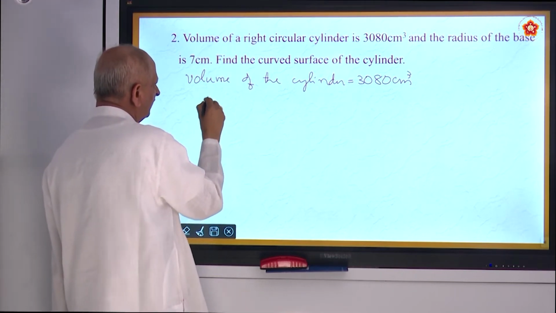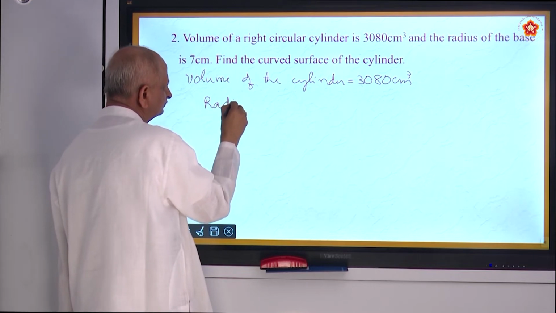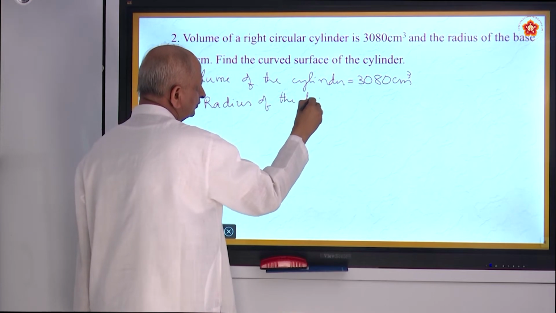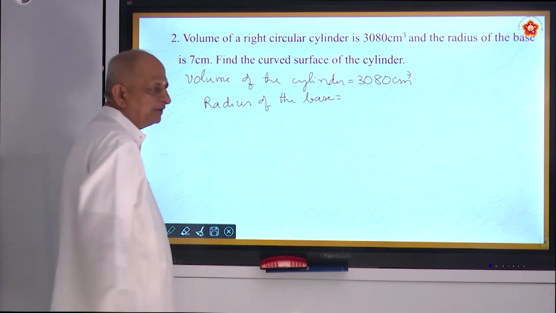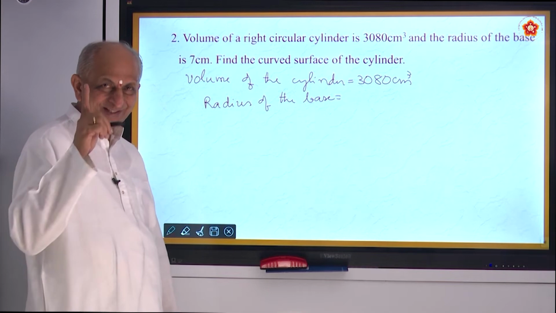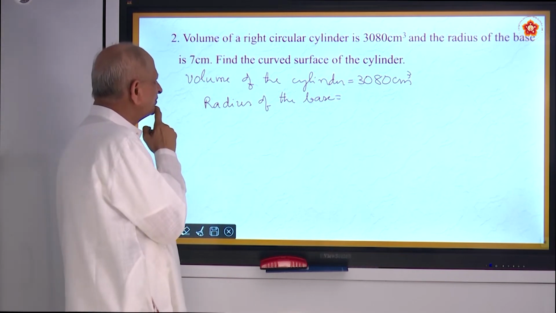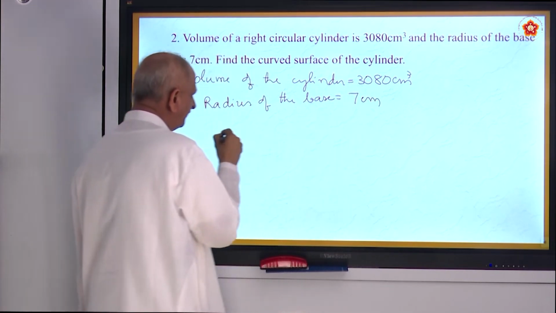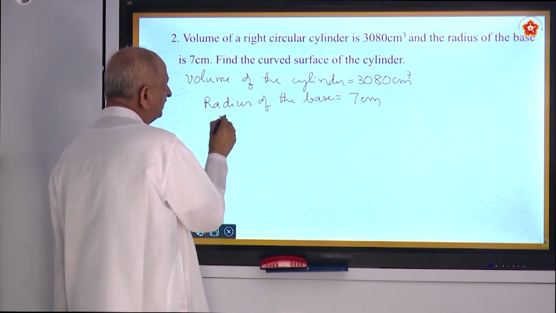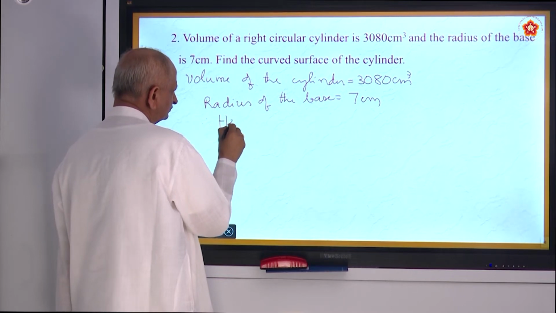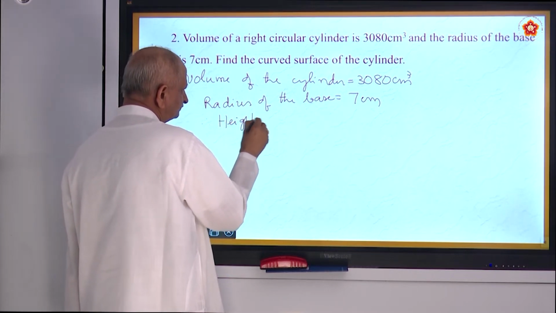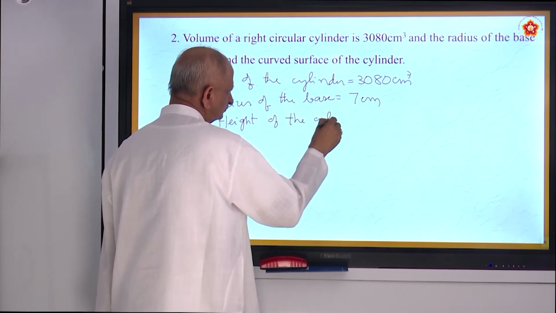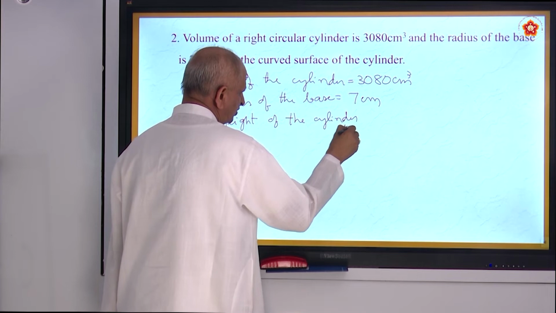And you are given the radius of the base. What is the shape of the base? Shape of the base is circle. So that radius is given to be 7. So using this you can find the height of the cylinder. That we call it as H.